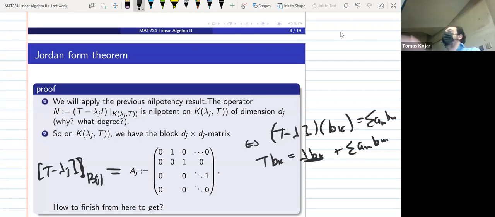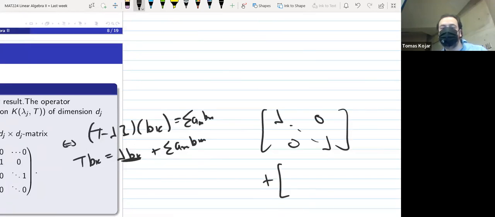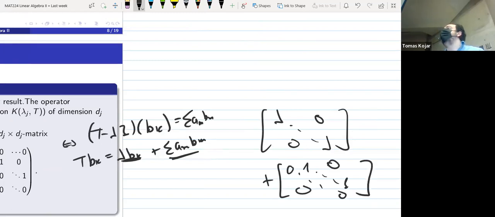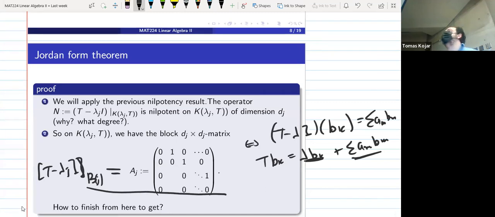So you have one matrix of lambdas, plus the other matrix with the A's, which we know has zeros and ones. Then you just add them, since matrices are added coordinate-wise. That's how you do it. So the meat of the proof was really getting this basis. That's all the work we did.